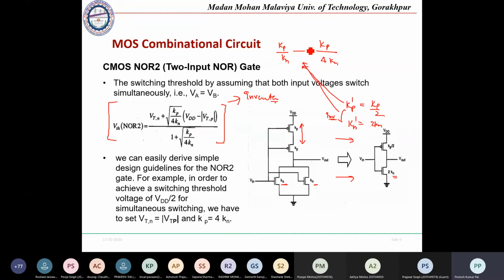So we get the ratio Kp by 4Kn, and then this Kp by Kn is put into the inverter formula. Are you getting this?